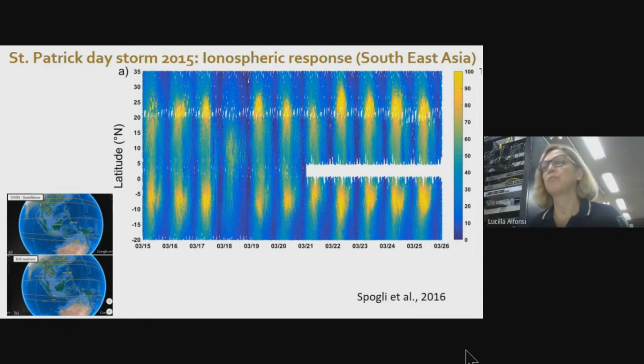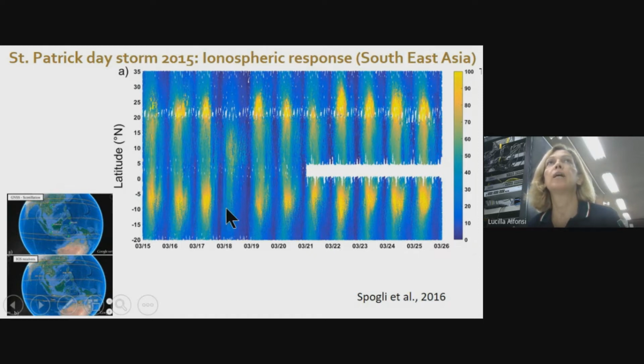We are looking from the 15th of March to the 26th of March 2015 as well. And again, you can see that in the day before the storm, you have, as expected, the two crests of the electron ionization visible here.